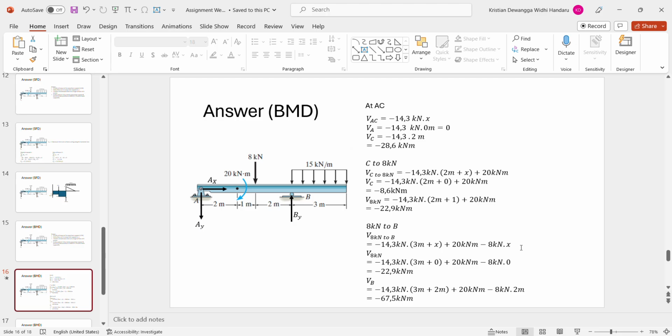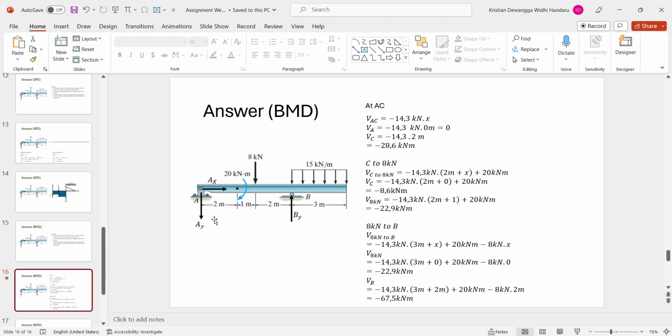For C to 8 kilonewton, V equals minus 14.3 kilonewton multiplied by 2 meter plus X plus 20 kilonewton meter. VC equals minus 14.3 kilonewton multiplied by 2 plus 0 plus 20 kilonewton meter equals minus 8.6 kilonewton meter.